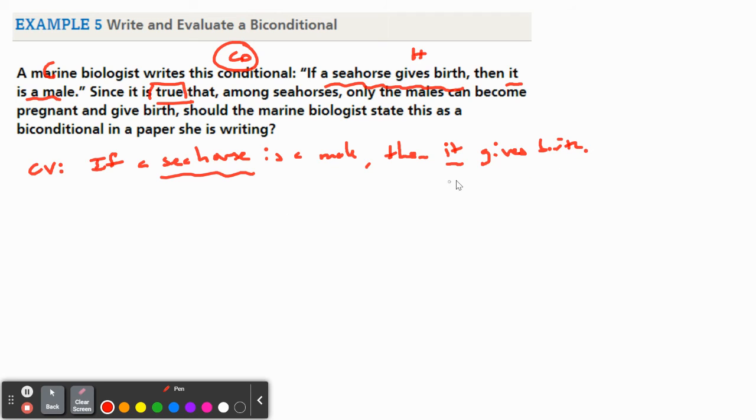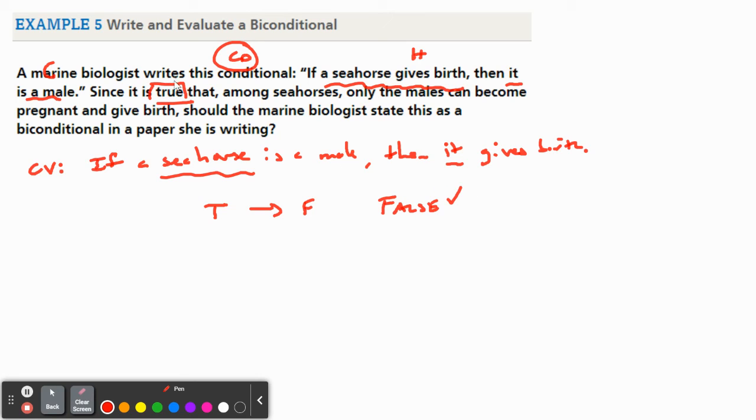So the question is, is that going to be always true? Well, yes, a seahorse can be a male, right? But does every seahorse have to give birth? I don't think so. So this is actually a true hypothesis leading to a false conclusion. That is one of the situations where your statement is false.